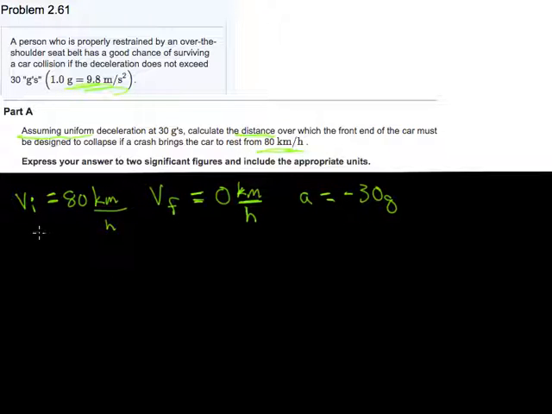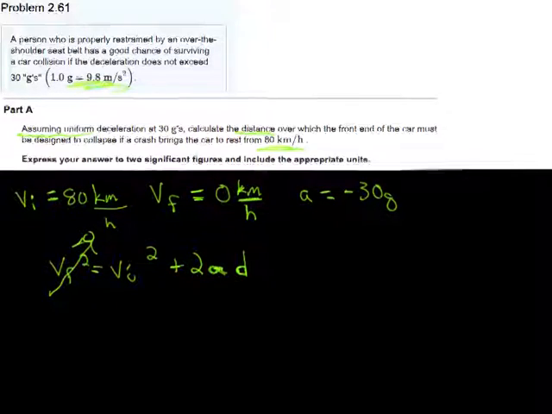Well, of initial velocity and acceleration, we're looking at Vf squared equals Vi squared plus 2a delta x, and in this case, delta x is the distance we're looking for. So we know Vf is going to 0. Common thing we're seeing here.